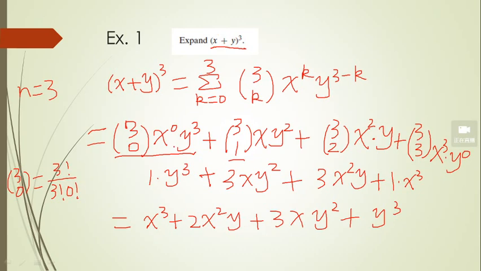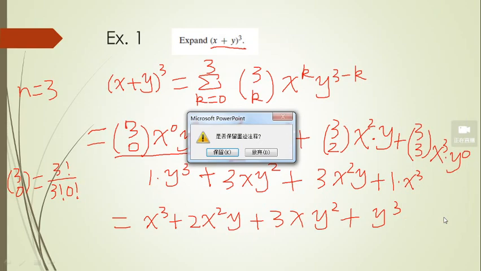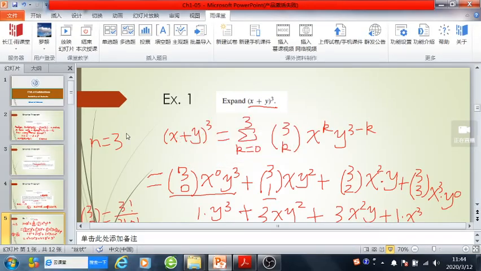But how can we understand the expansion? How can we apply the binomial series in this way? That is important in this part, okay? So that is the part we left in section 4, and I guess we can take a break. Then we will start section 5, okay. Let's stop here for section 4.